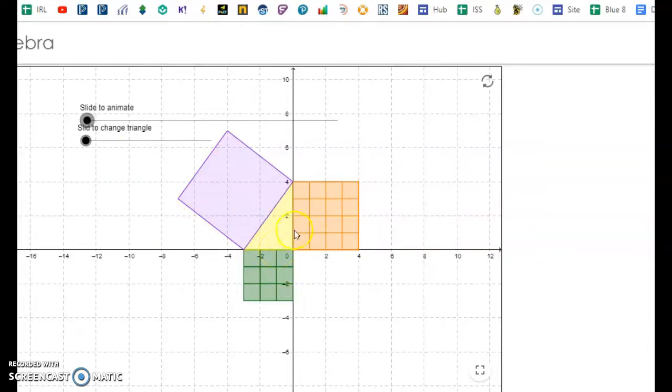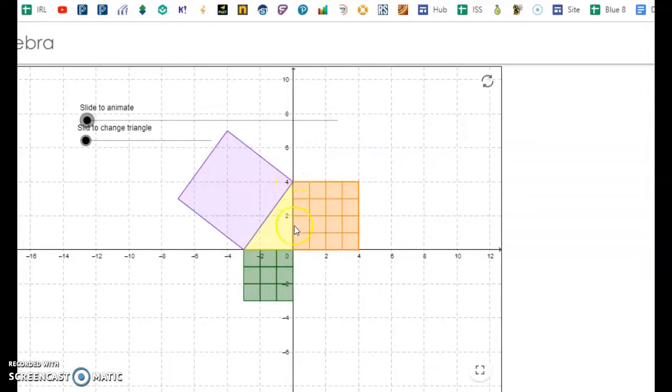Remember, we have leg squared plus leg squared equals the hypotenuse squared. What we're focusing on is this yellow triangle. It's a 90-degree triangle because right in this corner is a 90-degree corner. So this is a right triangle, and we can apply the Pythagorean theorem.